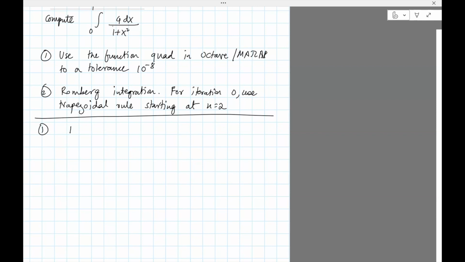The syntax would be something like this. You'll define an inline function, 4 divided by 1 plus x squared. So you're expected to put this in MATLAB or Octave. And then to get the I exact, just say quad F, A, B, and then you put the tolerance 1e-8. That's it, just 2 lines.